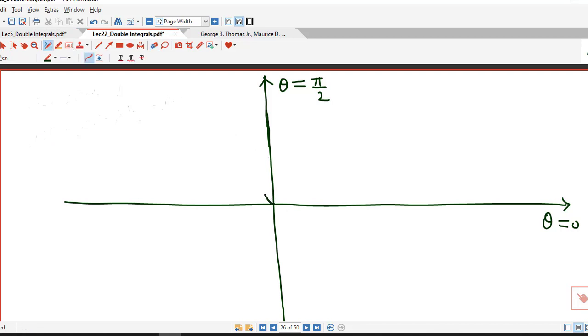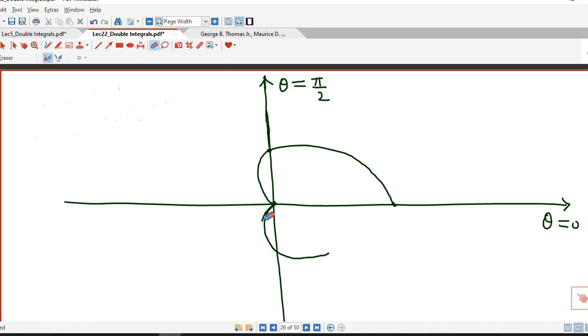The cardioid is intersecting the y-axis at r equal to 2. So the distance of this point from origin is 2 and the distance of this point from origin is 4, and this is the lower portion of the cardioid.